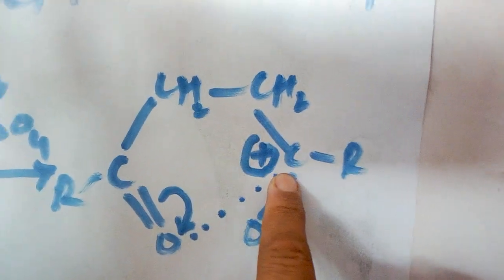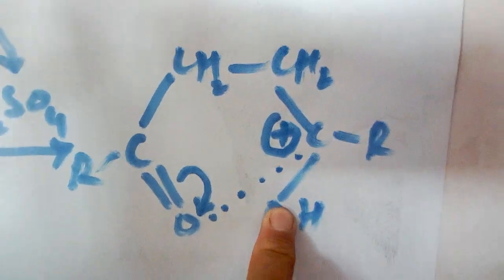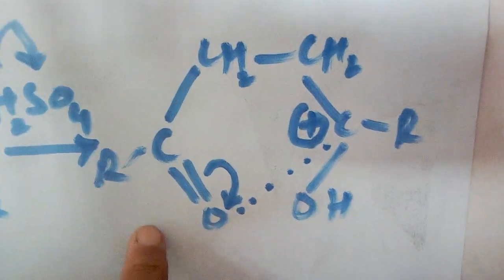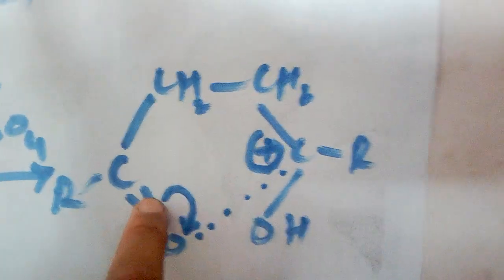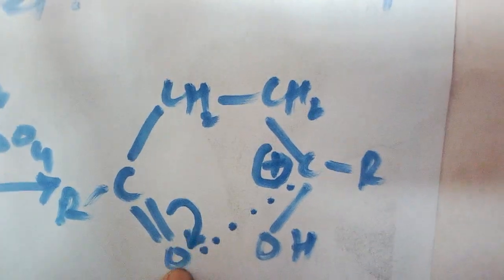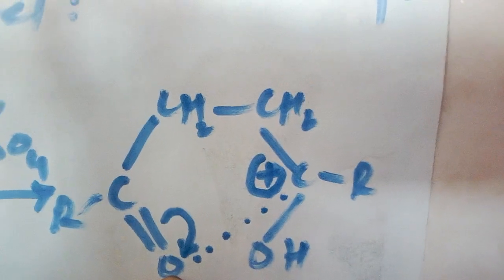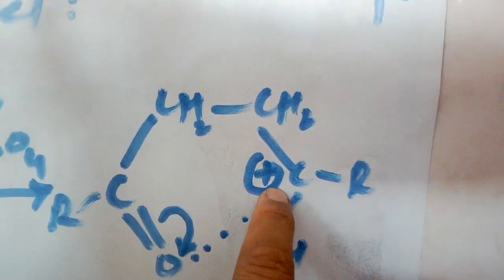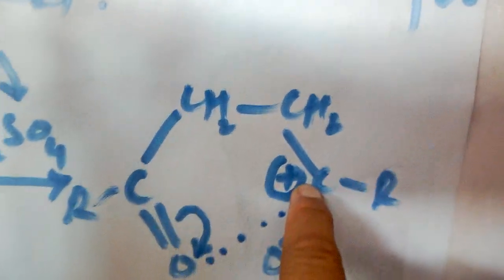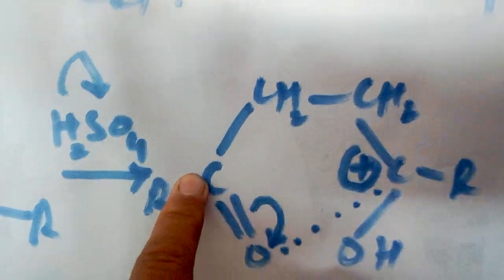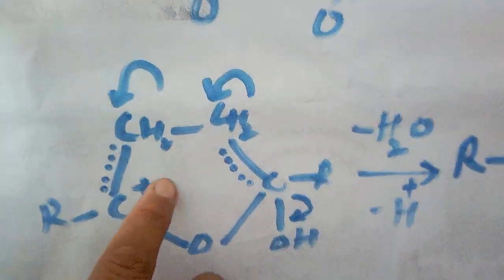This carbon will have a positive charge. Now during cyclization, the second carbonyl carbon's pi bond will be broken in this direction, oxygen becomes negatively charged and this carbon positively charged. The dot shows a new bond will appear here, and this bond becomes single and this carbon will become positively charged. That can be seen here.